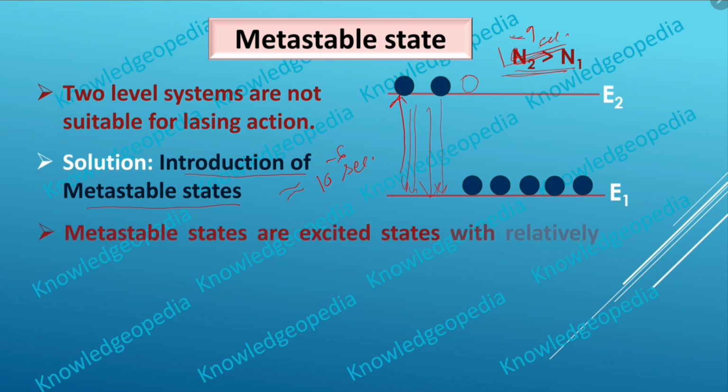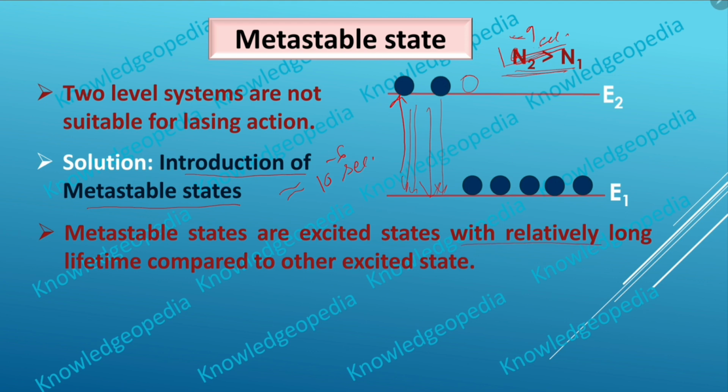So metastable states are excited states with relatively long lifetime compared to other excited states, and these are introduced between these two energy states. Generally we call this the ground state. This is the pumping state or pumping level. From here we are pumping the atoms to the pumping level, and in between these two levels we have some excited states which have relatively long lifetime as compared to this pumping state.